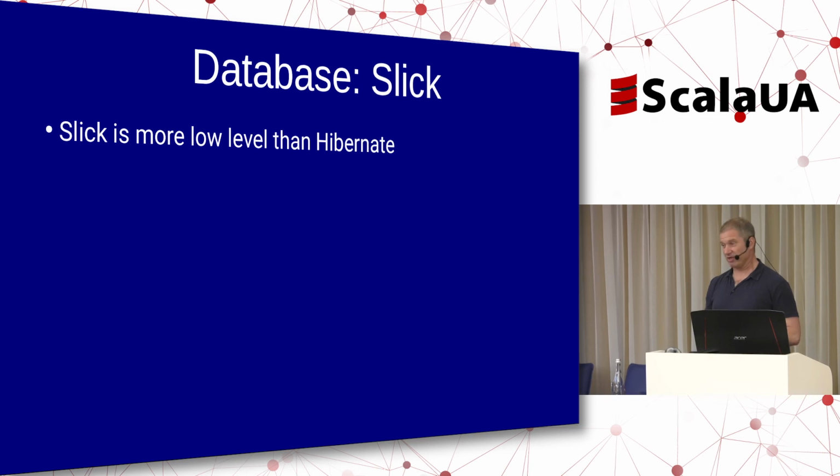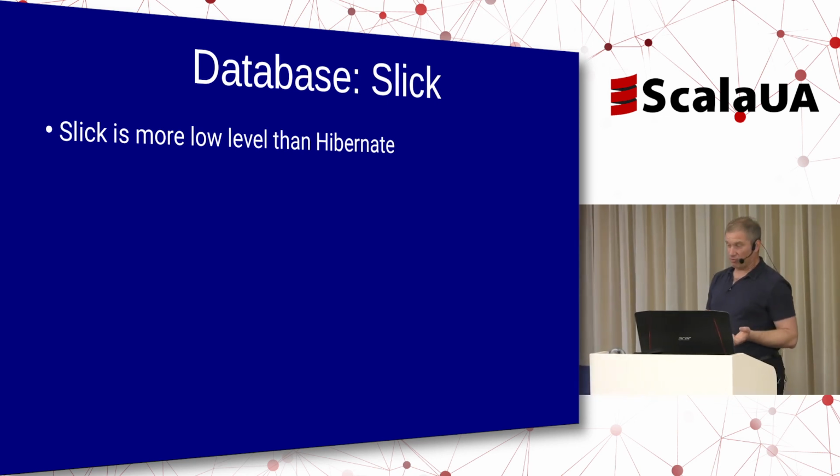Slick is a way to create SQL queries, more or less like embedded SQL or JDBC, but does that more nicely. You can write Scala code, and then it creates the query, and runs the query. It's something that we can understand and control, and it's what databases do. You create a query, you run the query, and then you get a response. That's something that's perfectly supported by typical databases.